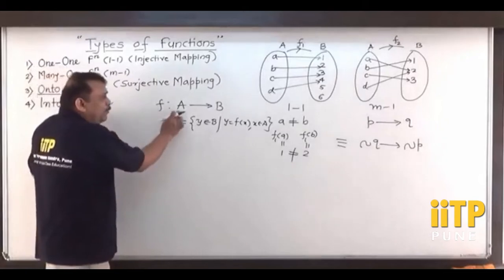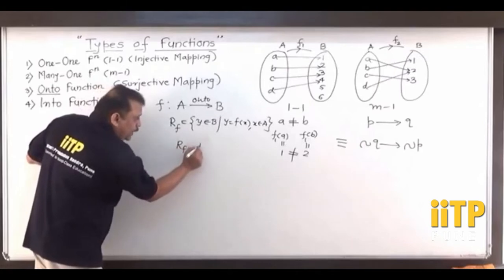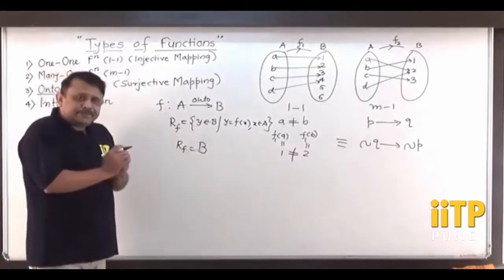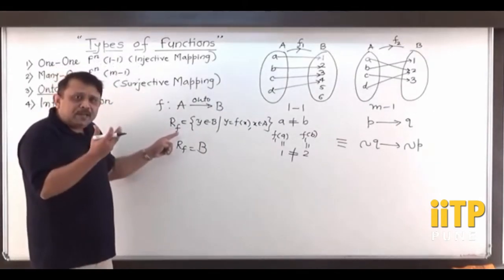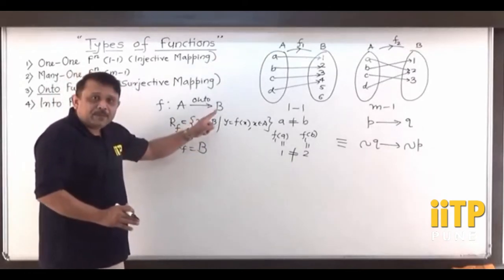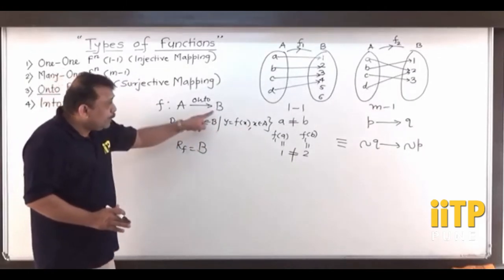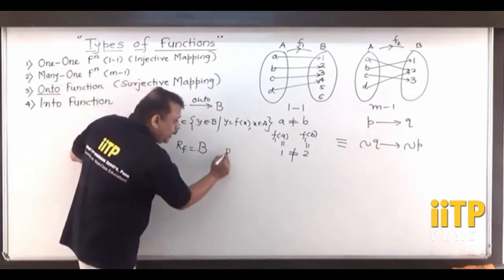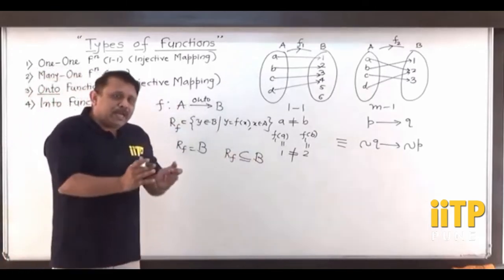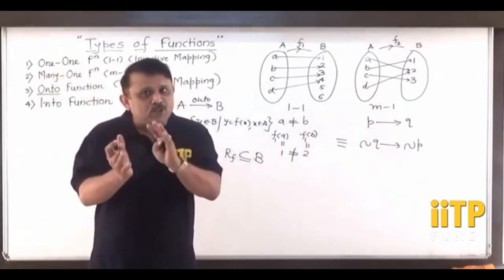Now, a function f from A to B is said to be onto if the range of the function is equal to the codomain of the function. Very clearly, whichever elements I collect in this set are essentially elements of B. So every member of the range of the function is a member of B. Naturally, the range of the function is a subset of B. Now, we know that two sets A and B are said to be equal if they are subsets of each other.